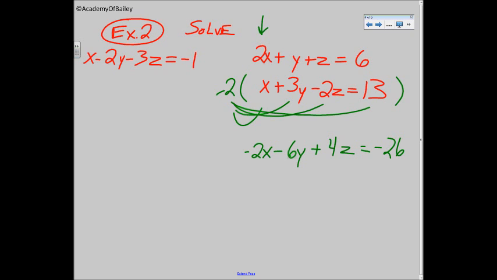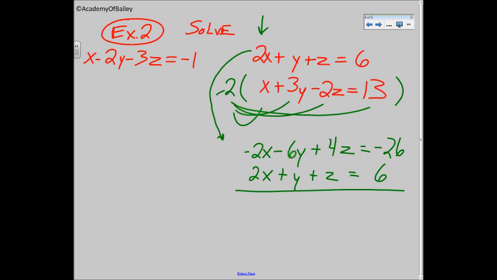Okay, now let's go ahead and bring this equation down: 2x plus y plus z is equal to 6. Add those together. The x's cancel. It gives us negative 5y plus 5z, and that's equal to negative 26 plus 6, which is negative 20.